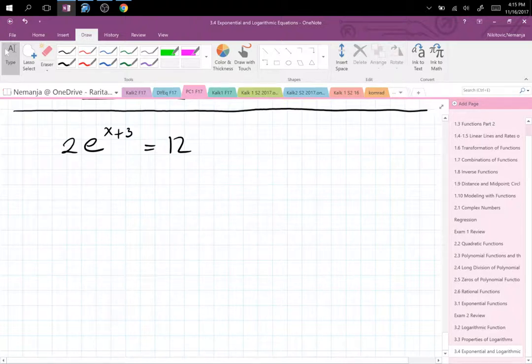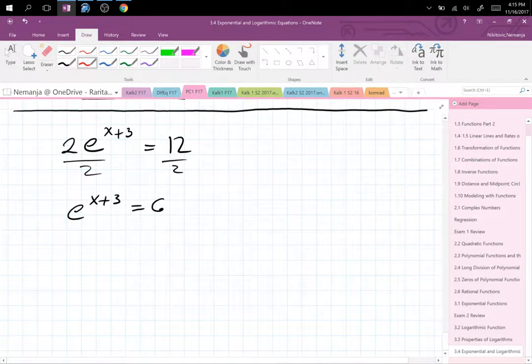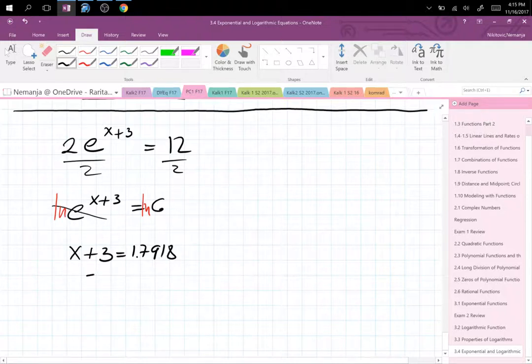What's the first step? Divide by 2. Good. So we have e to the x plus 3 equals 6. Now what? ln both sides. We have x plus 3 equals, and ln 6 is 1.7918. Take away 3 on both sides. x is equal to what?